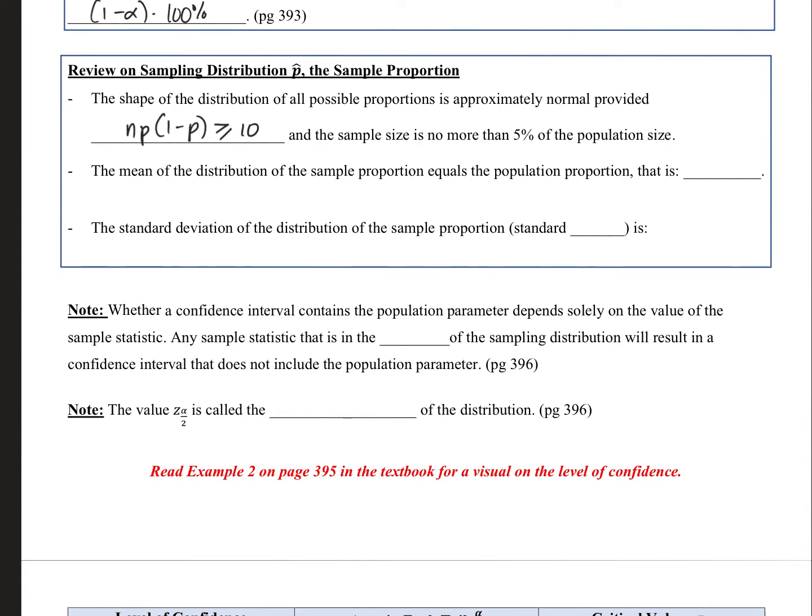The mean of the distribution of the sample proportion equals the population proportion, that is, mu of p hat is equal to p. And lastly, the standard deviation of the distribution of the sample proportion, or the standard error, sigma p hat, equals the square root of p times (1 minus p) divided by n. So just a reminder on p hat.